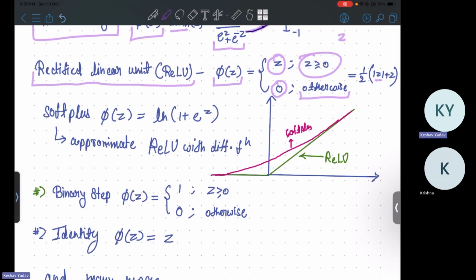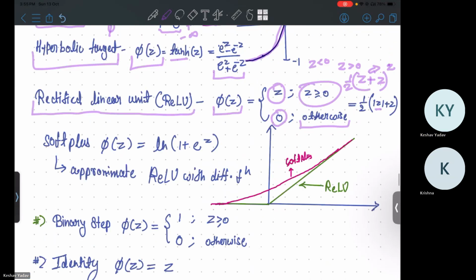If z is greater than 0, mod of z will be z only, plus z divided by 2, so it leads to z. When z is less than 0, mod of z will be minus z, plus z, times 1 by 2, so it will be 0.